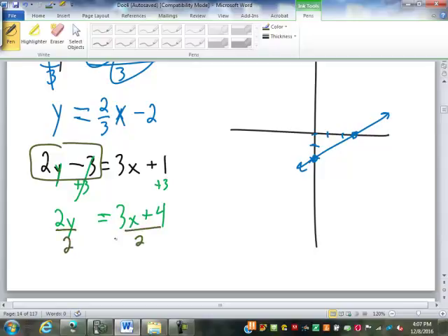Divide by 2. Get rid of the 2. Remember when we divide, we have to divide each piece. 3x divided by 2? 3 over 2x. What's 4 divided by 2? 2. So where are we going to start over here? Positive 2. And from there we're going to go up 3 over 2.